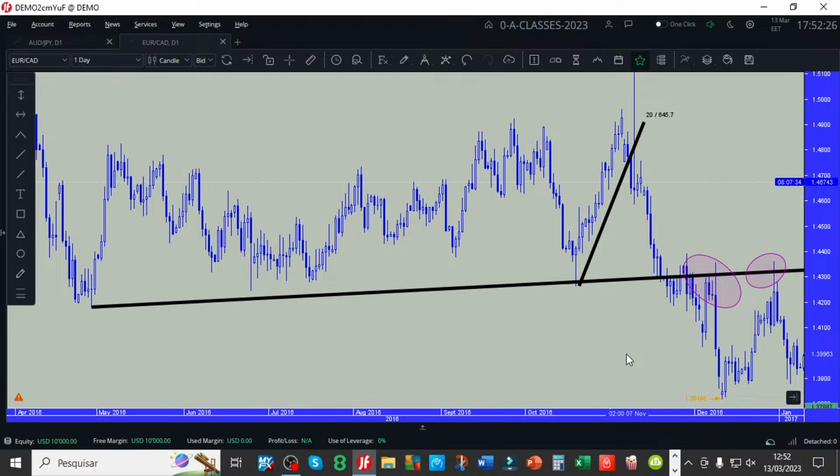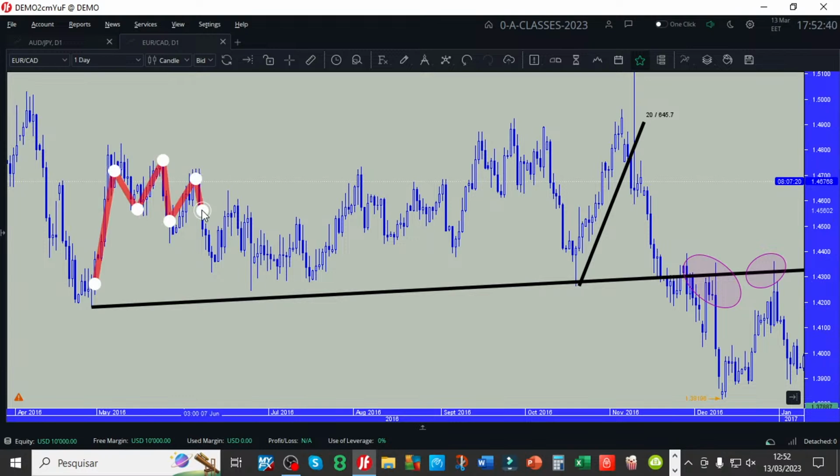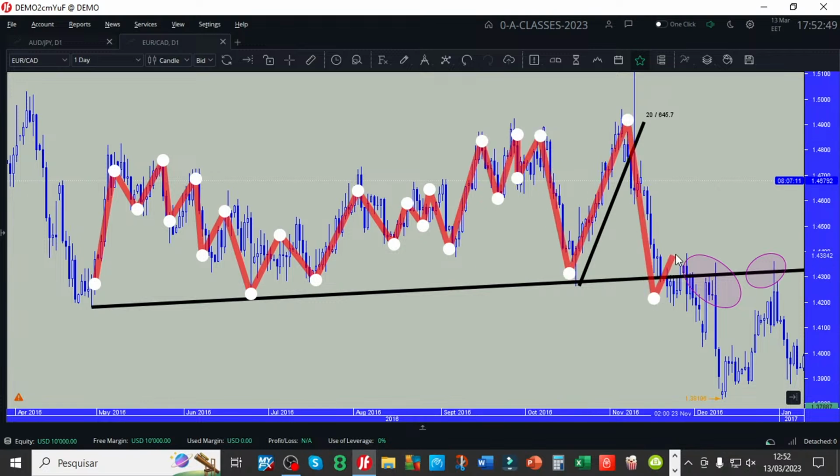The red pattern is valid. So Clara and everybody else who is still confused, I must understand, and it's a concept, I must understand from the higher time frame, is this price action an extension or a retracement?